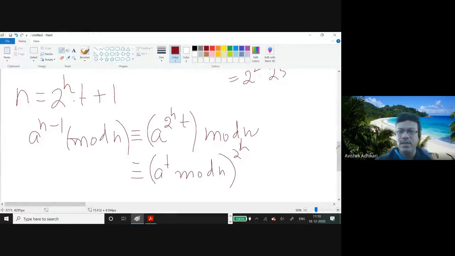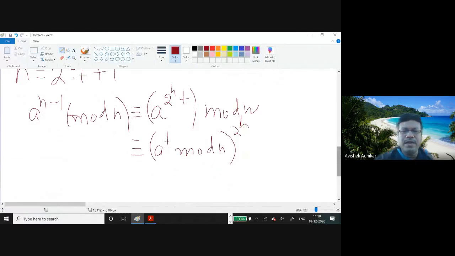If we write a to the power t as b0, first you calculate a to the power t, that means b0. Here the 0 means the value of h is 0. Then you calculate b1, which is nothing but a to the power t times 2 to the power 1.